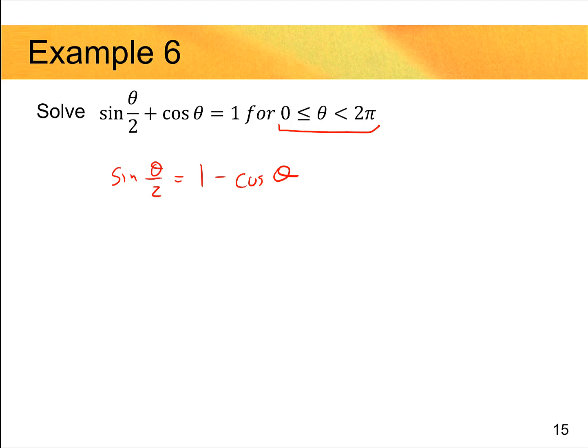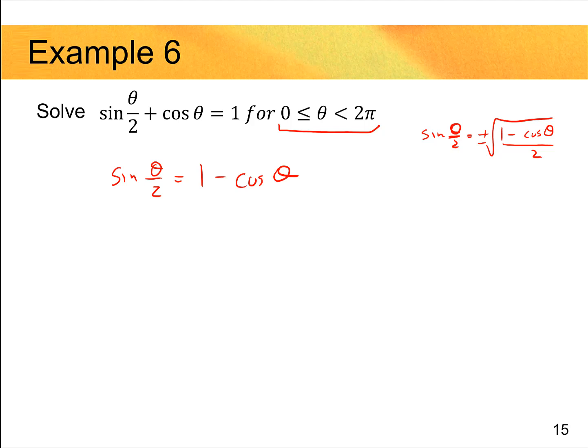That's cool. And then let's actually use an identity. So back to your identity list, because there's no way I'm going to start working with half angles here. Do you remember the half angle formula for sine? I believe it is this right here.